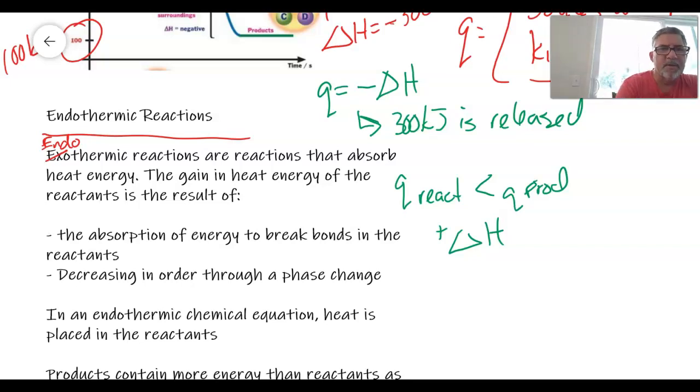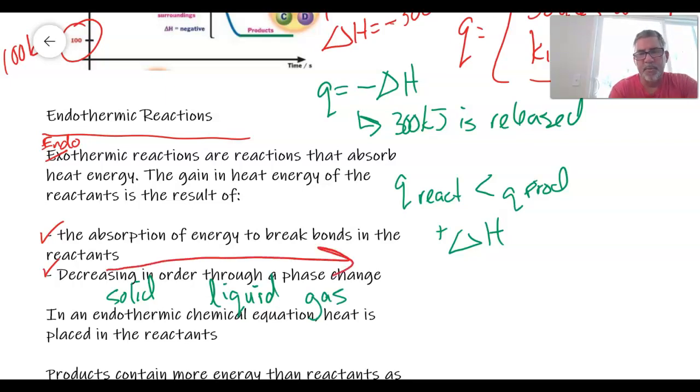So usually we have absorption of energy used to break bonds, decreasing order in a phase change. So remember, if I again had my solid, liquid, and gas, going this way would be my endothermic because I have to absorb energy to melt something and I have to absorb energy to make a liquid become a gas, right?